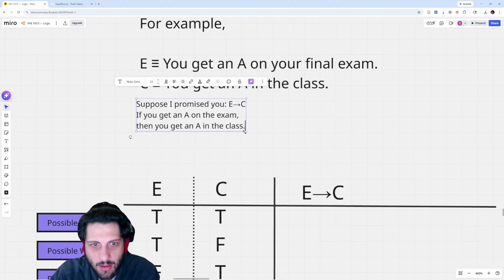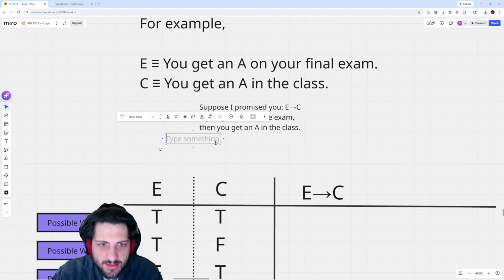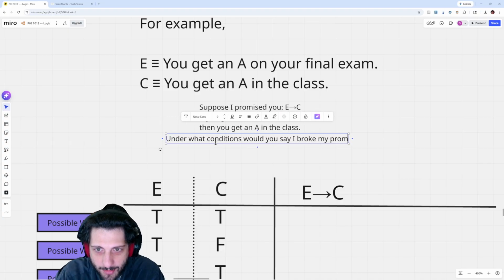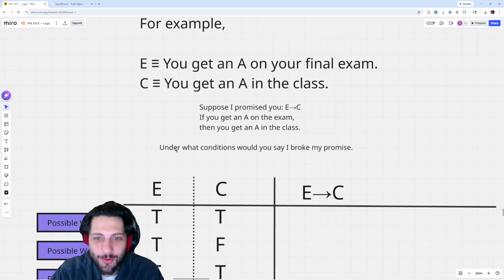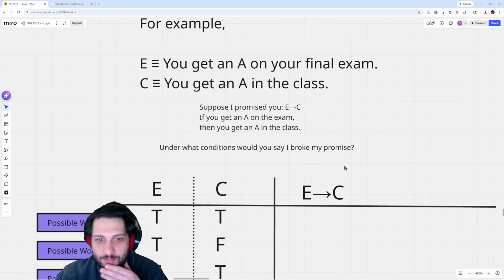Okay. So what I want to know then is, under what conditions would you say I broke my promise? Now, to be clear, I am not promising this. But under what conditions would we say that this promise was broken?